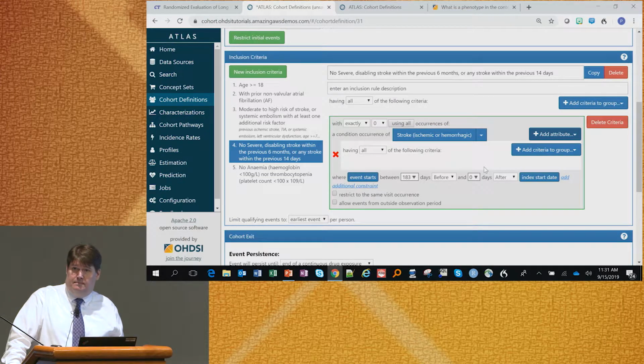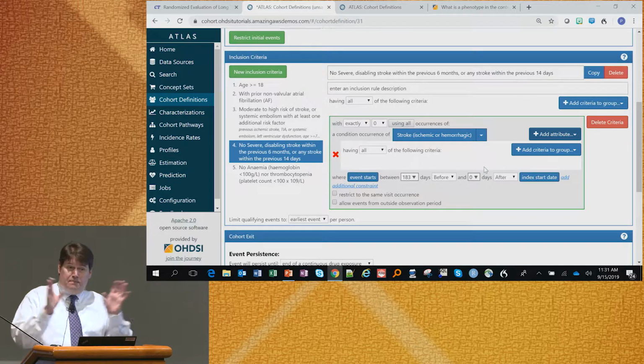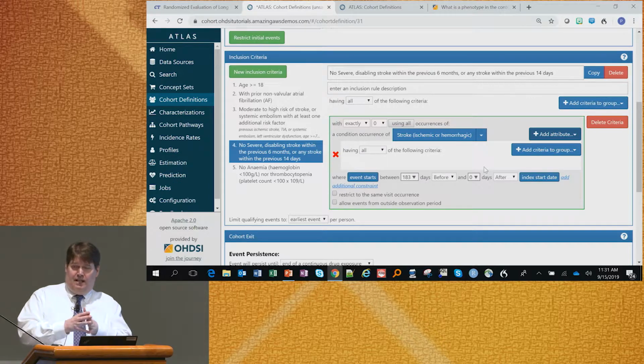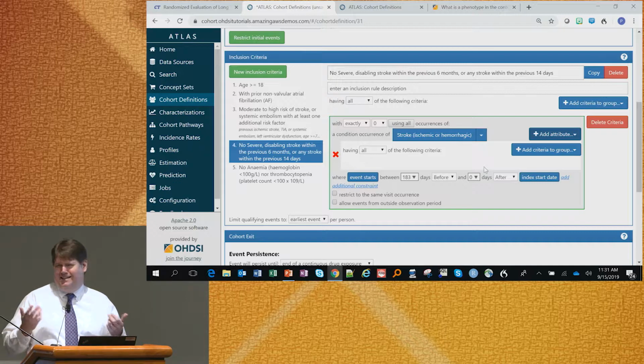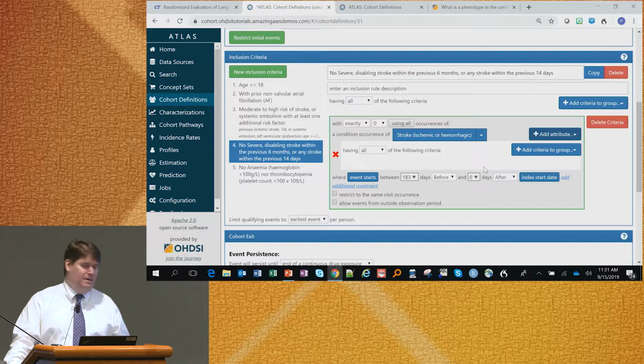I don't, but we could evaluate cohorts using this phenotype evaluation to determine what these people look like and what their characteristics are. And if that follows the mental model in your own mind about what that population looks like, if you're only looking at disabling stroke, what is their care after the disabling stroke? What is it before? Did they get a cane? What could happen? But personally, I haven't studied that particular thing.